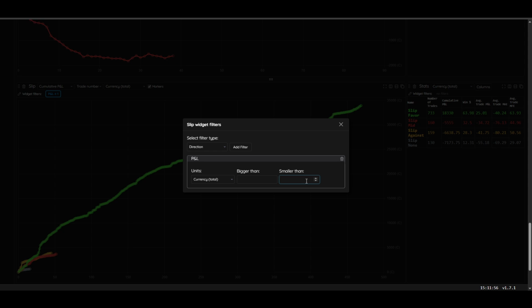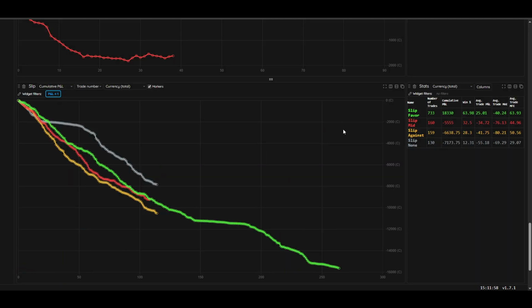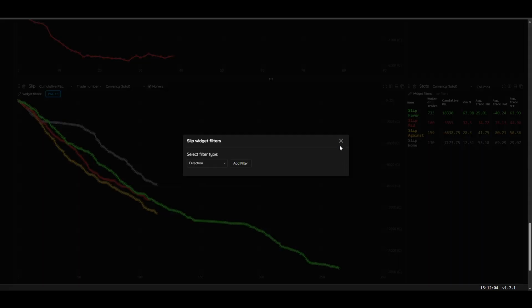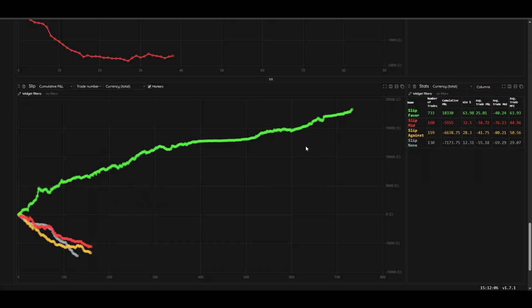I'm just barely above right there. Holy shit. The breakouts actually.